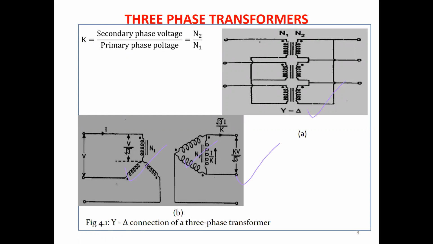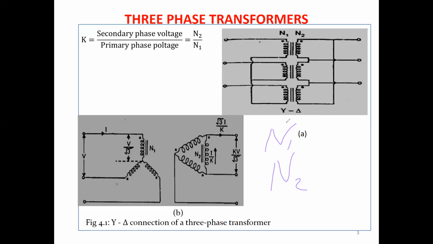In the windings, N1 represents the primary phase voltage and N2 represents the secondary phase voltage.